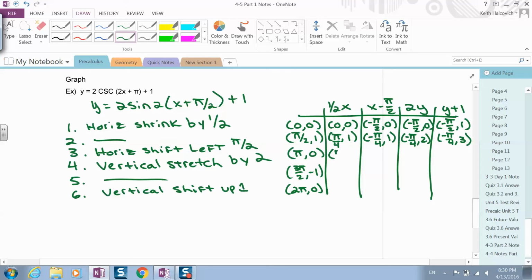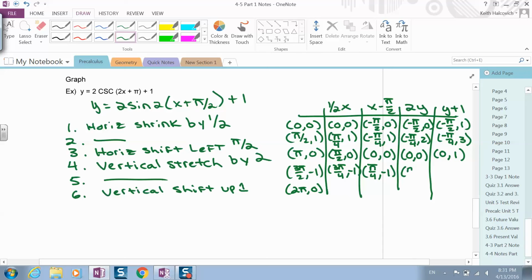Half of pi is pi over 2, minus pi over 2 is 0, times 2 for the y is 0, plus 1 is 1. And then half of 3 pi over 2 is 3 pi over 4, minus pi over 2. Remember, pi over 2 is 2 over 4, so that gives you positive pi over 4.